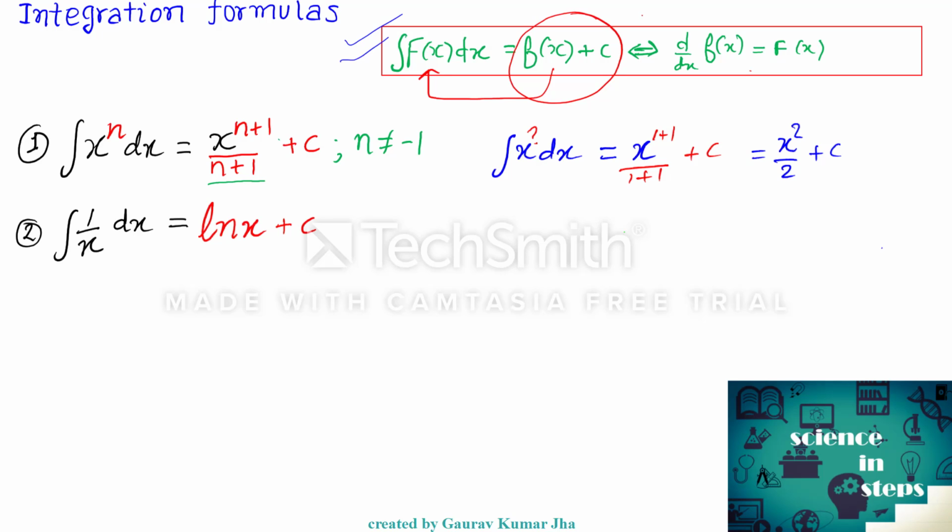Let us try to apply this formula in a different example where we have to integrate root over x with respect to x. Again we have to identify what the power of x is here. The power of x here is actually half, so n is half.